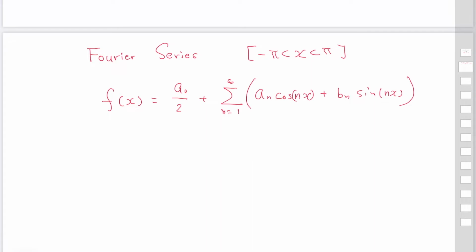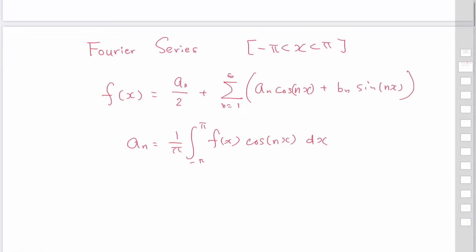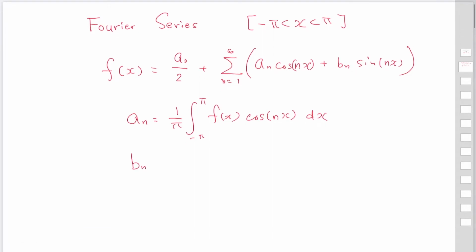The coefficients a and b are obtained as follows. A sub n can be calculated as 1 over pi, integral from minus pi to pi of f(x) cosine nx dx. Also you can calculate b sub n.